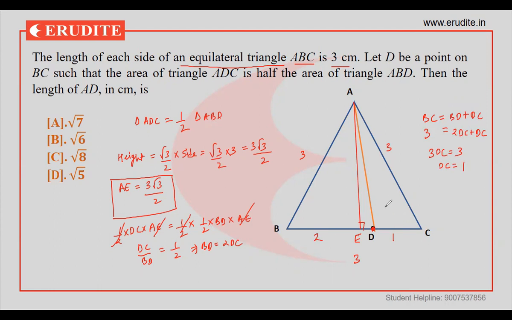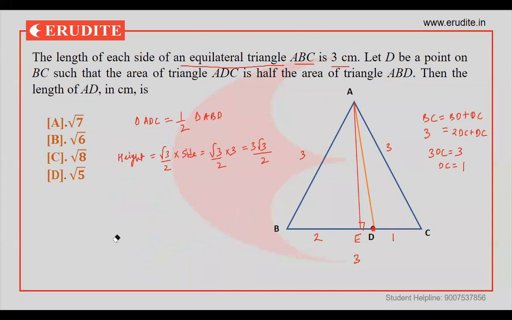Now, guys, you can see that for an equilateral triangle, altitude is also working as a median of a triangle, right? So that means AE is also working as an altitude as well as median.